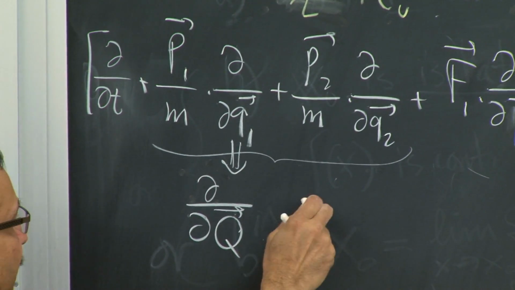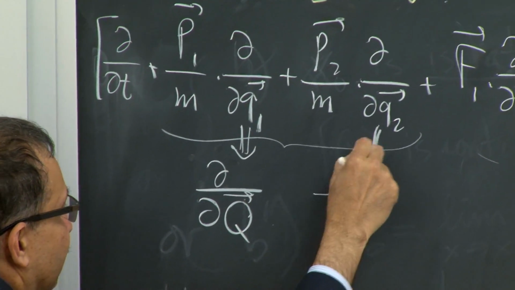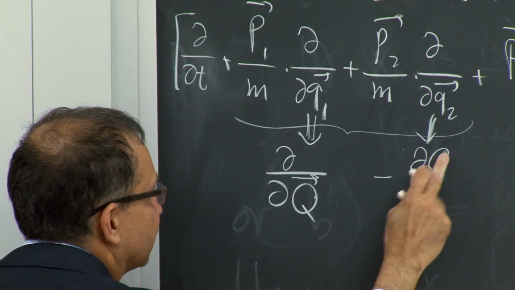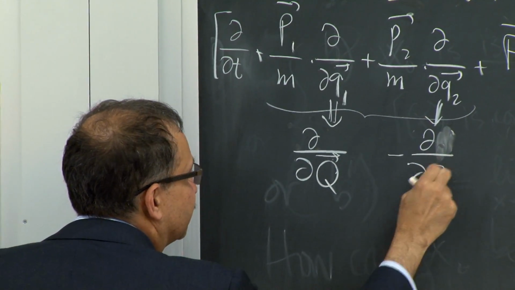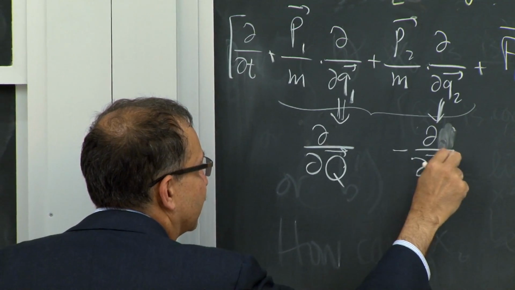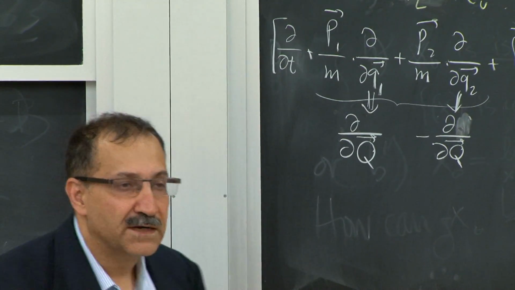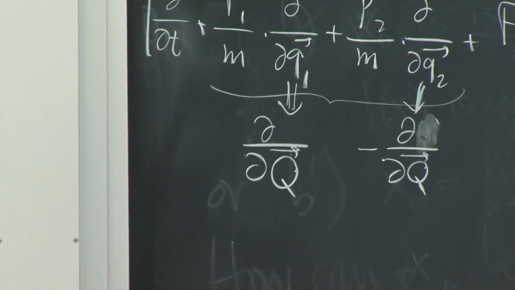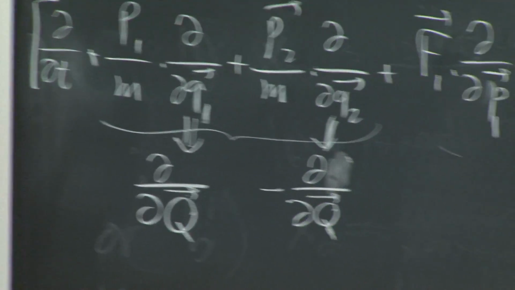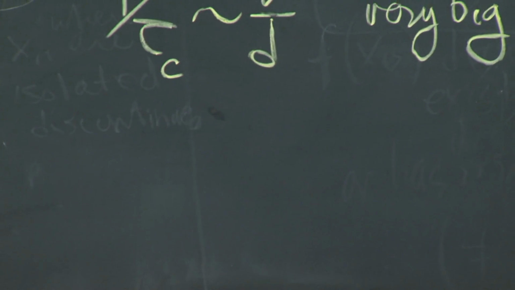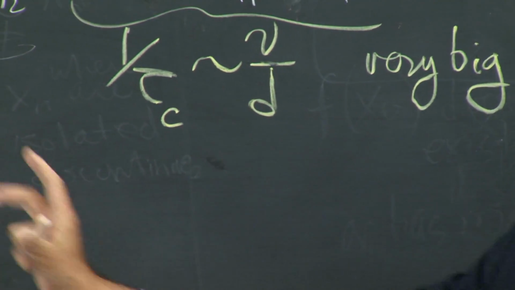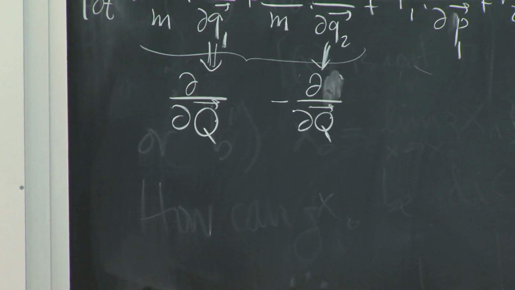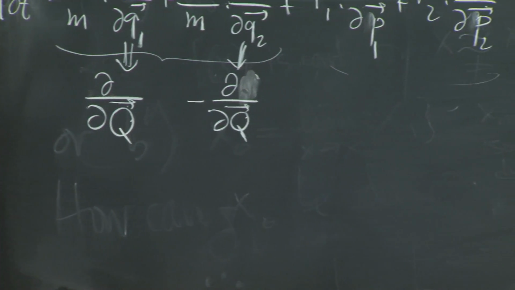And one of them would come with a minus sign, the other would come with a plus sign. It doesn't matter which is which. Depends on the definition whether I make Q2 minus Q1 or Q1 minus Q2. So then we see that the big terms are essentially the force that changes the momentum and the variations that you have over this relative coordinate.